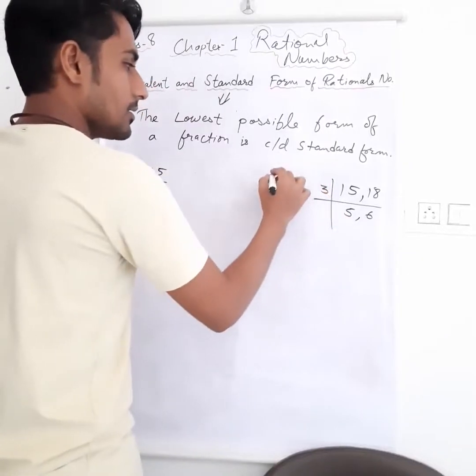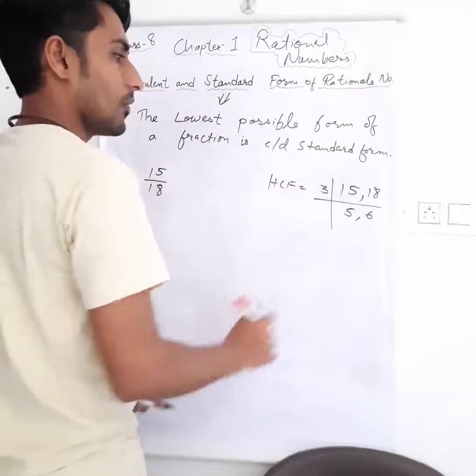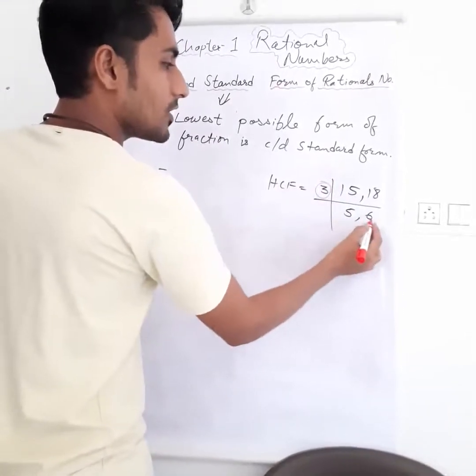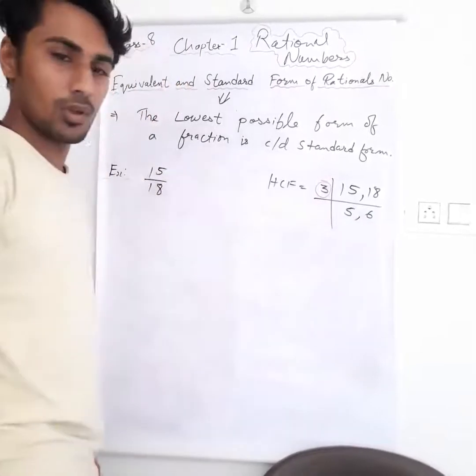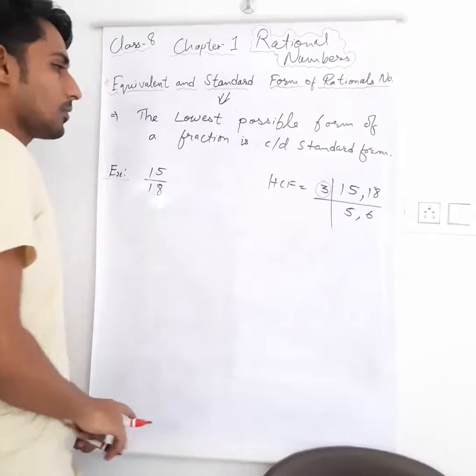The HCF is 3: 15 is 3 times 5, and 18 is 3 times 6. So the highest common factor is 3. After this, there is no common factor which divides 6 and 5 both, so we stop here. We get 3 as the HCF.